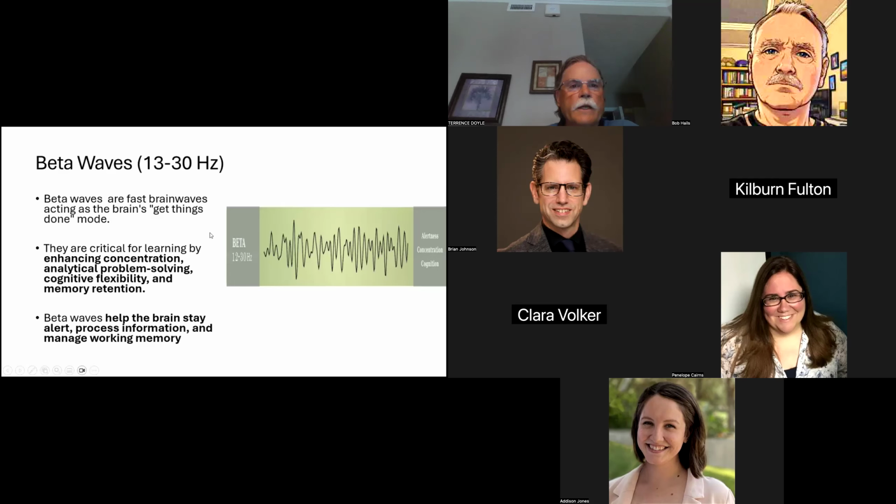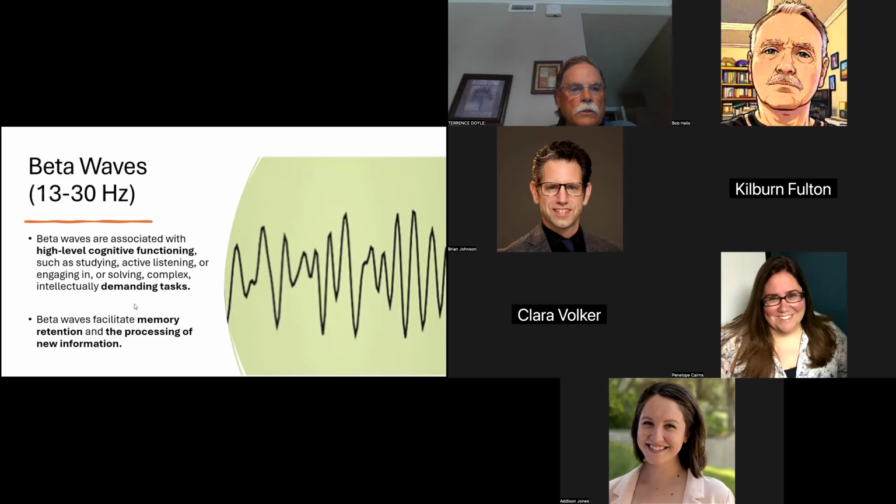So beta waves, the next one, which is 13 to 30 hertz, so a much more active kind of brain wave. It is responsible for enhancing concentration, which leads to our ability to do problem solving and our cognitive flexibility. So beta waves help the brain stay alert, process information, and manage working memory. These are the brain waves that are vital to the active learning process that students are going through in their course and study.